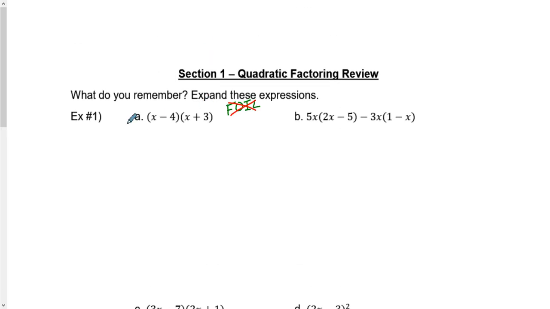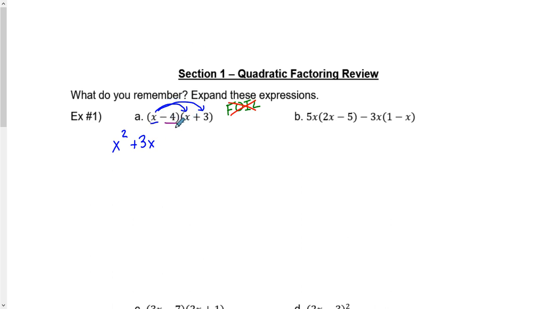To properly expand, you will need to take every single term in one polynomial and multiply it by every single term in another polynomial, which means I'm going to have to take my x and multiply by x. By exponent laws in grade 9, we had learned that x multiplied by x is x squared. And x multiplied by a positive 3 gives us a positive 3x.